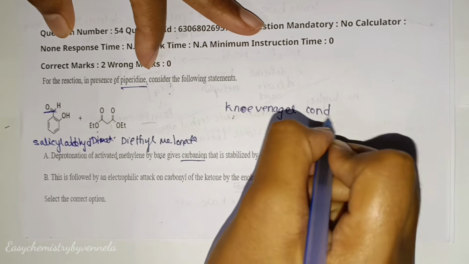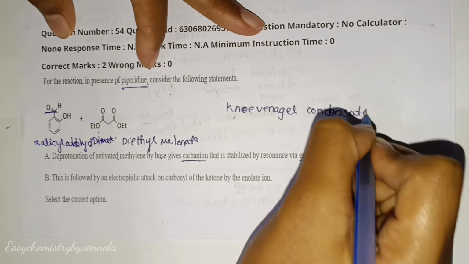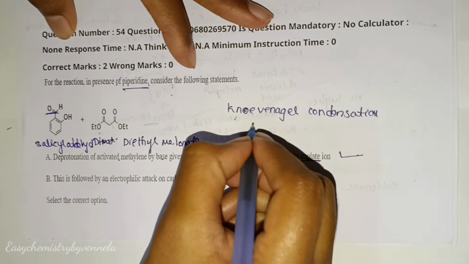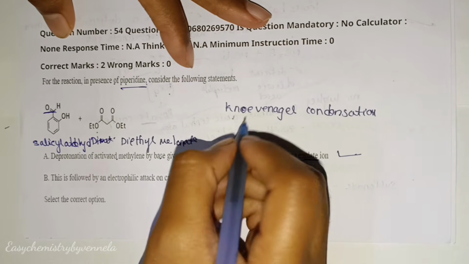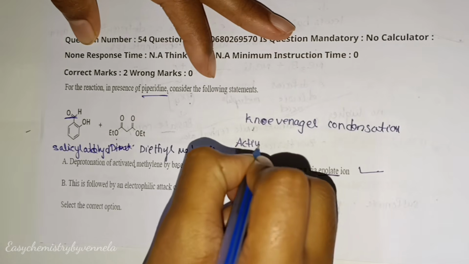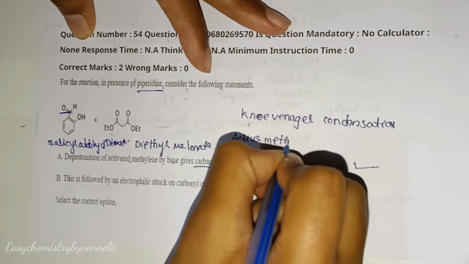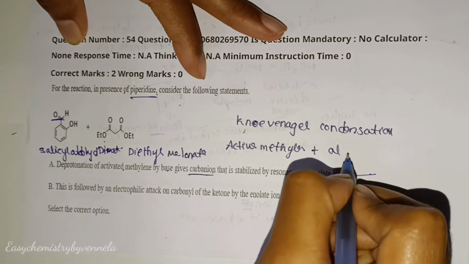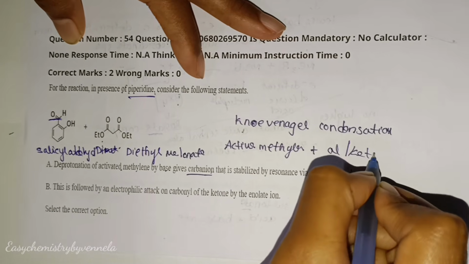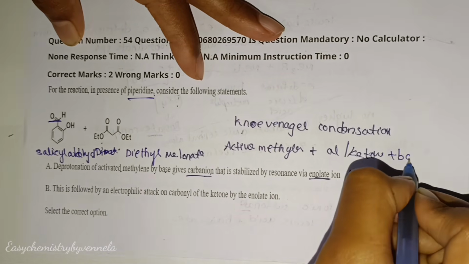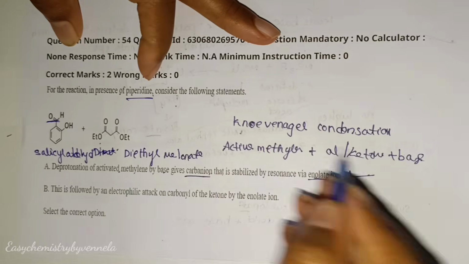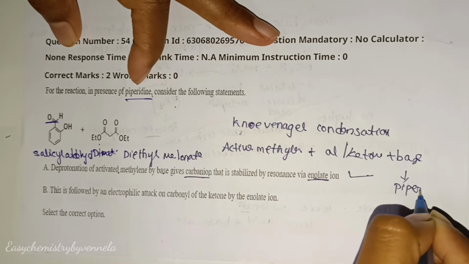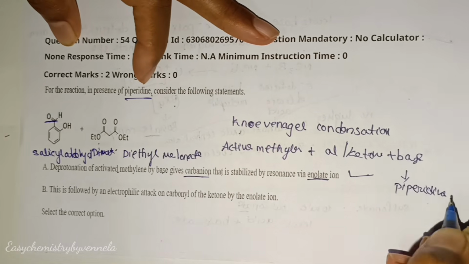Knoevenagel condensation reaction. What is that Knoevenagel condensation? Active methylene compound and aldehyde or ketone and base. Here actually base, here it is piperidine is the base.